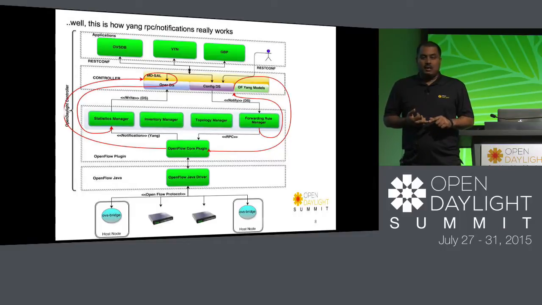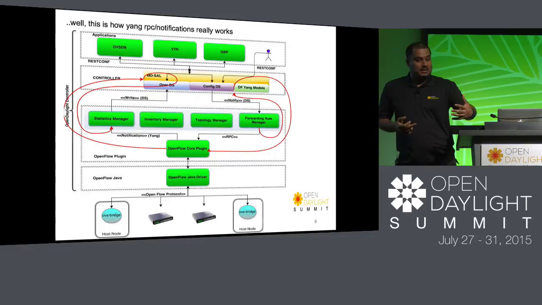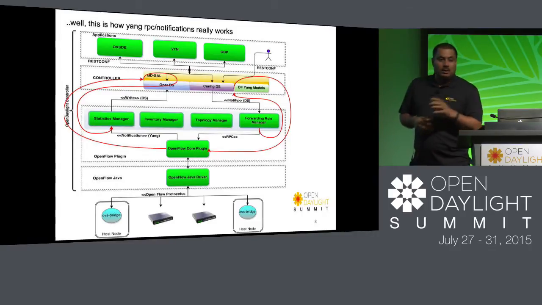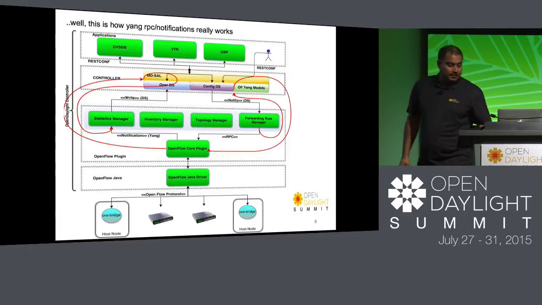Many people ask me about these things, that, okay, it fails. Everybody needs to listen for an error notification. If somebody is writing an external application, that's very hard for them because you are not putting anything into the operational data store for a failure. So we cannot really get a notification even with WebSockets. So that's a potential improvement which we are trying, and hopefully we'll see it in the Beryllium release.